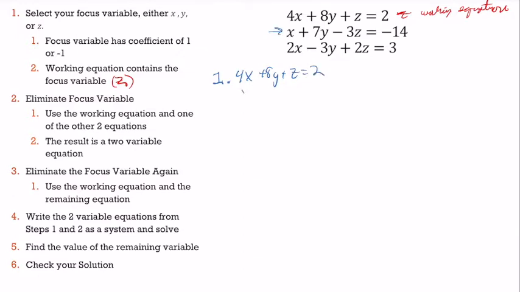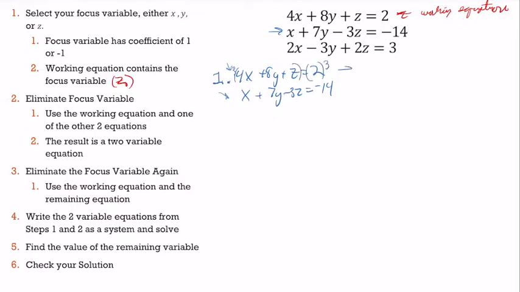So I have x plus 7y minus 3z equals -14, and we want to eliminate z using elimination. So what would I need to multiply this first equation by in order to have our z's cancel out when I add it to my second equation? Well, we're going to have to multiply by 3.